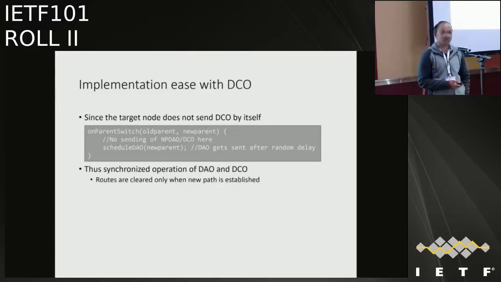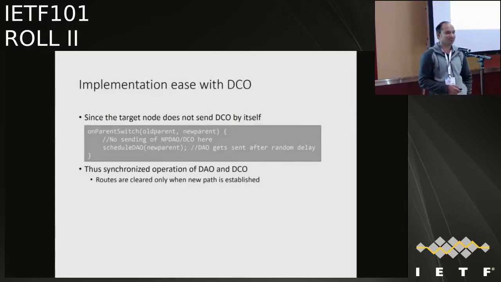Correct, you don't have to hurry. But if you do it too quickly, they will cross. Yeah, and hopefully the sequence number game will sort it out. But you clean up a path which is still valid until it's reformed. All I'm saying is, having this broken path for a little while doesn't hurt so much. Okay, so don't be too quick.